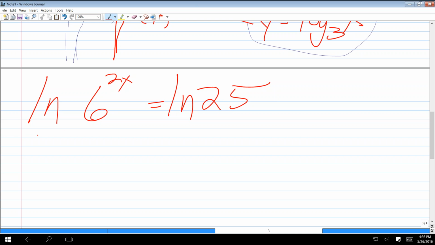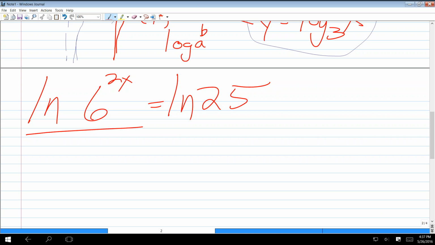Okay. Now, using the properties of logs, remember what that third property was? It was the log of a to the b power is equal to b times the log of a. Well, you can apply that property on the left side here. In other words, you bring the b down and it's a multiplier.